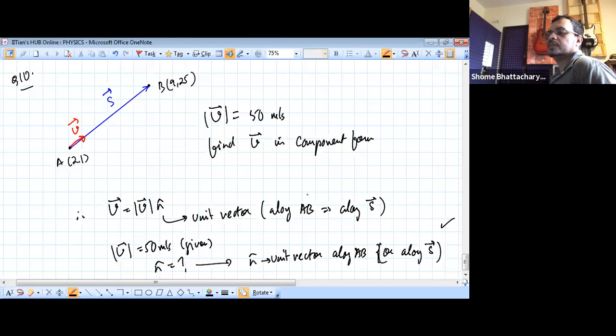Given the coordinates of A and B, you can first find the displacement vector S, and then you can find the unit vector along that displacement vector. Once you get that unit vector, that is your n cap over here. Just multiply the magnitude of V, which is 50 meters per second, with that n cap, and you will get the answer. So Ritika and others, those who have asked this question, Shekhar, etc., just try this out now, from the hint which I have given you.